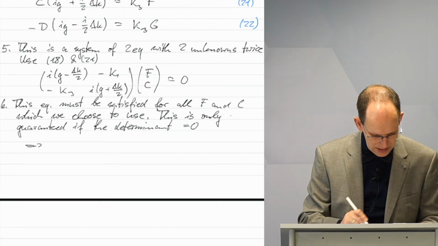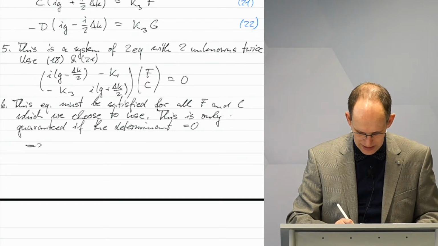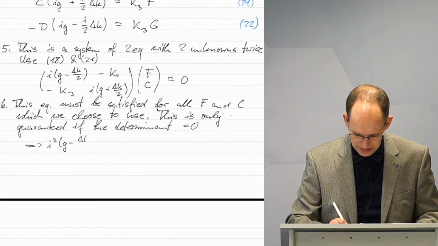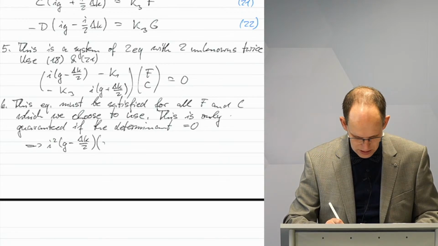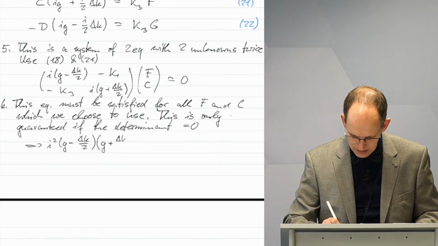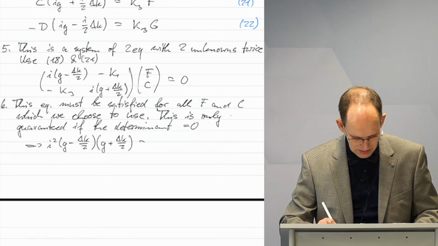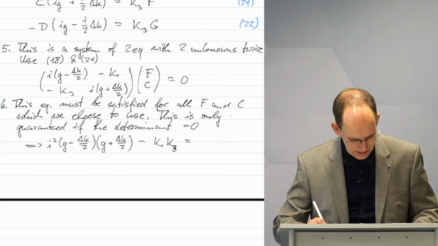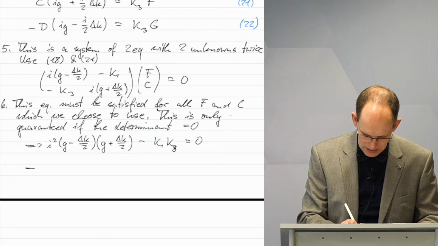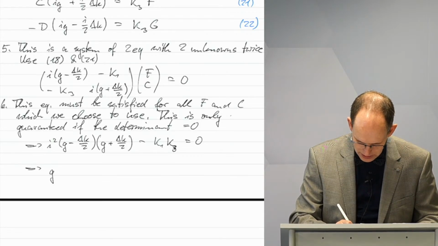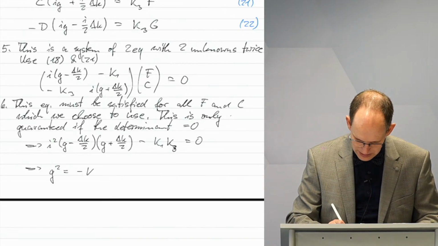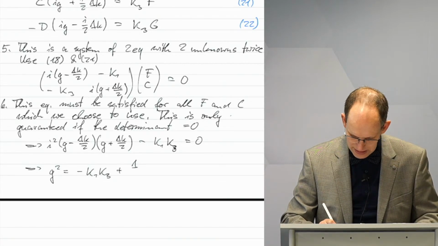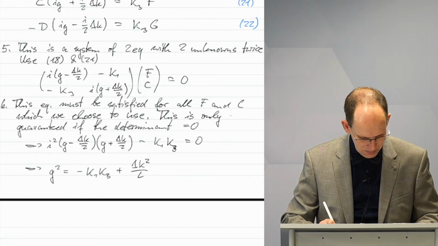And this means that i squared times (g minus delta k over 2)(g plus delta k over 2) minus k1 times k3 is equal to 0. And this means that g squared is equal to minus k1 times k3 plus delta k squared divided by 4.